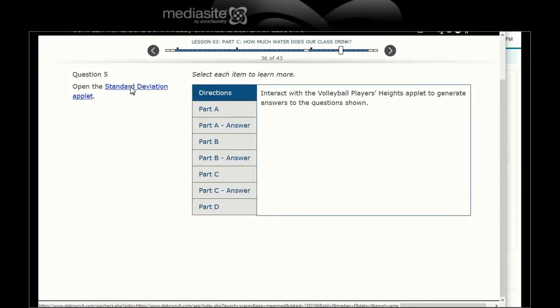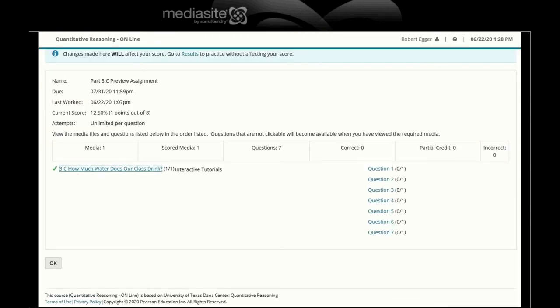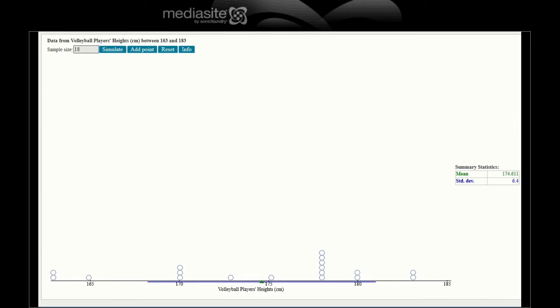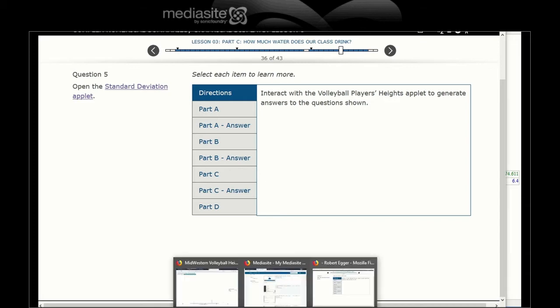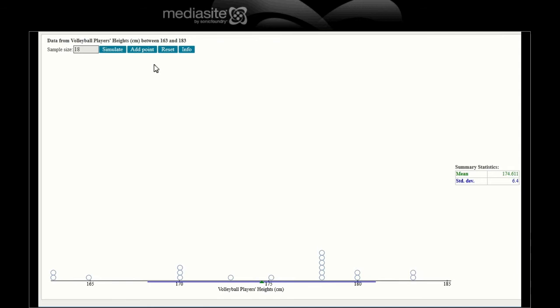Okay, so let's open the applet. Interact with the volleyball player's height applet to generate answers to the questions below. Let's bring it up again. Okay, this is volleyball player's heights. The mean of 174.6 and standard deviation 6.4.